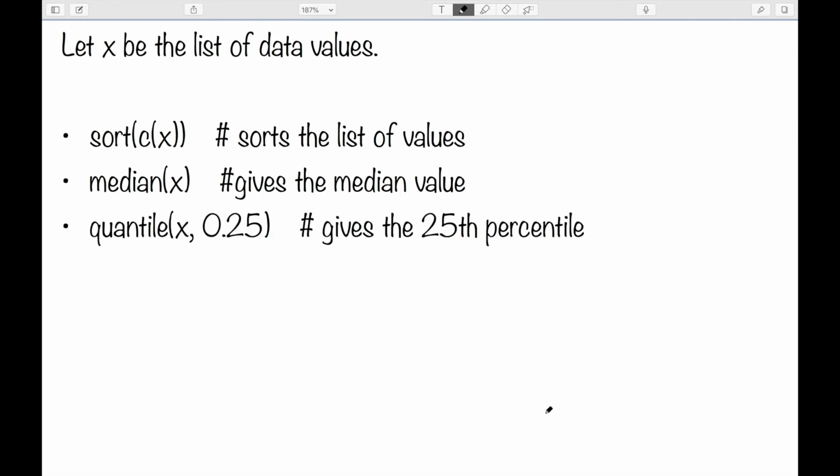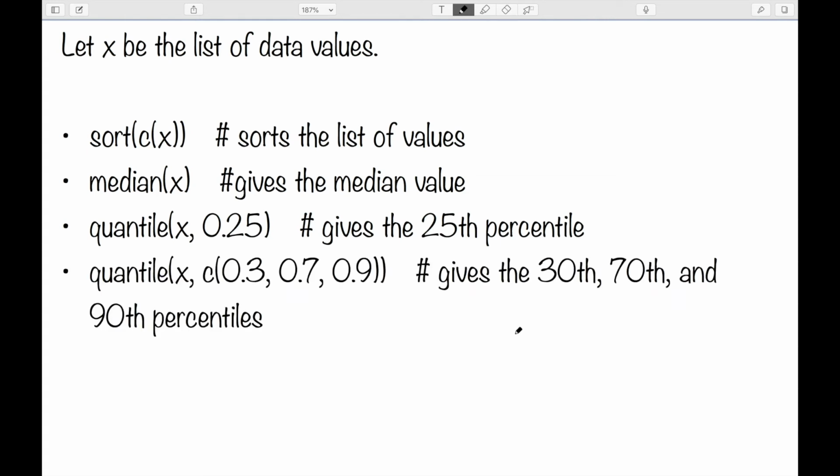The command quantile(x, 0.25) would give the 25th percentile, and you can change 0.25 to whatever you want for your given percentile. You could also do multiple quantiles at once. You could do quantile(x, c(0.3, 0.7, 0.9)), where c denotes a vector. That would give the 30th, 70th, and 90th percentile.